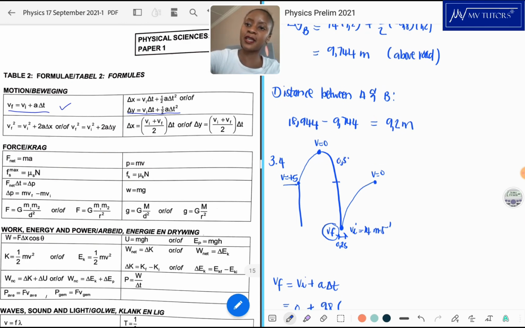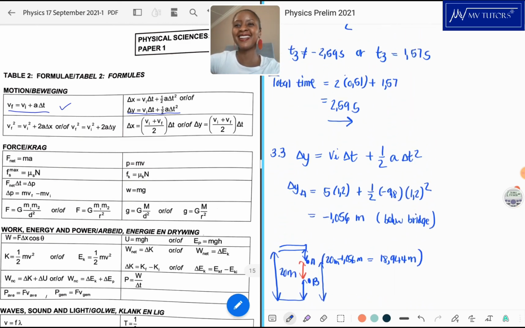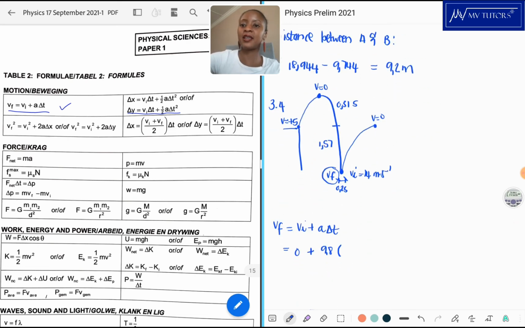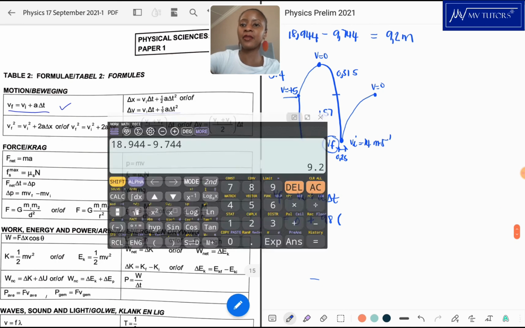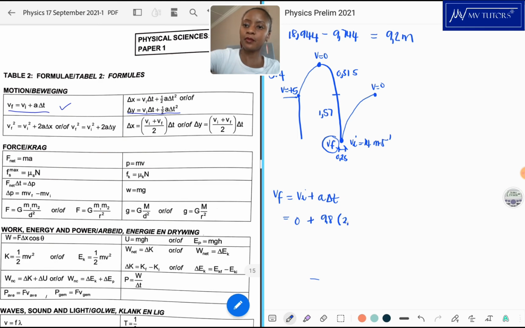0.51 seconds there, and the rest of the time it took 1.57. Okay, so the time there would be 1.57 plus 0.51 seconds, that's 2.08. So I have 2.08 there.